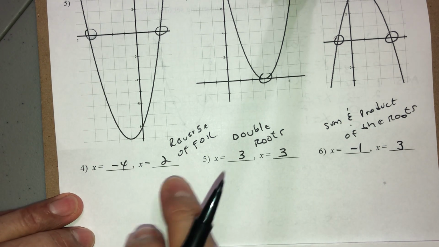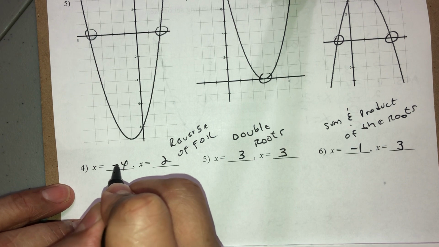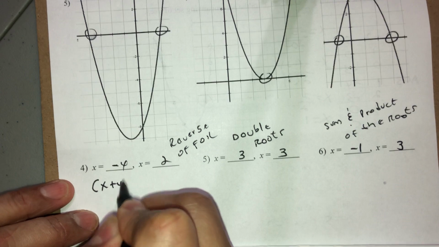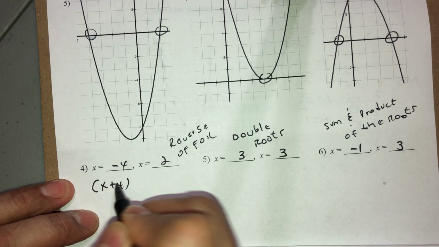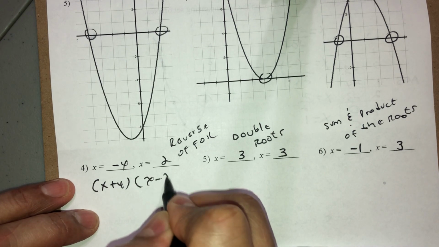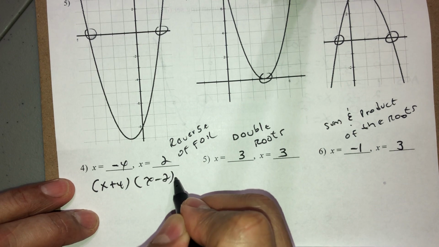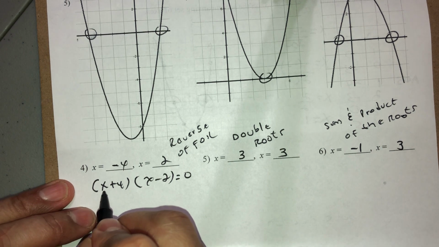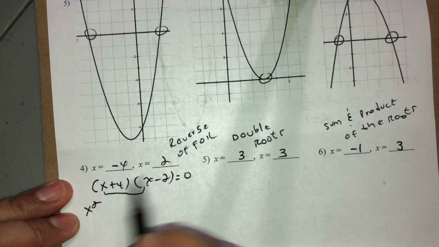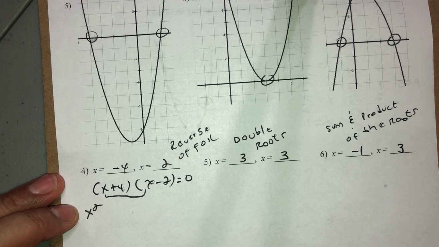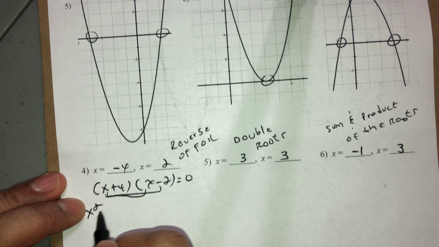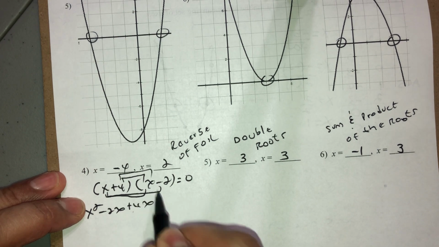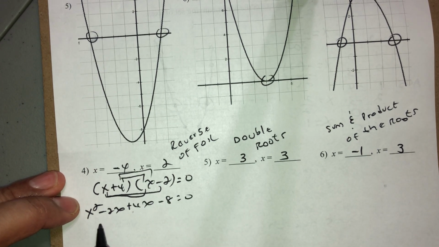Okay, so here, if I want to use the reverse of FOIL, that means that we have to flip the signs. The factors have to be x plus 4, because since it's negative, that has to be positive, times x minus 2, because if that's positive, it must be negative. And from there, we do FOIL, all right? x squared minus 2x plus 4x minus 8 equals 0.